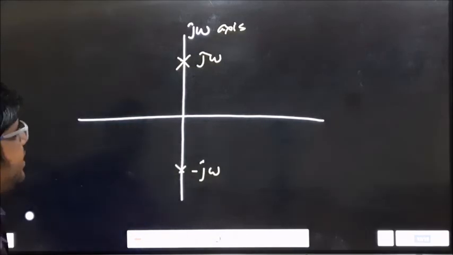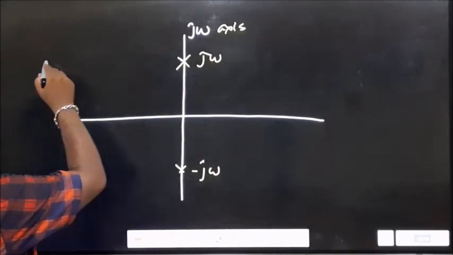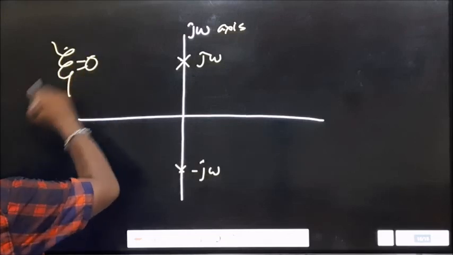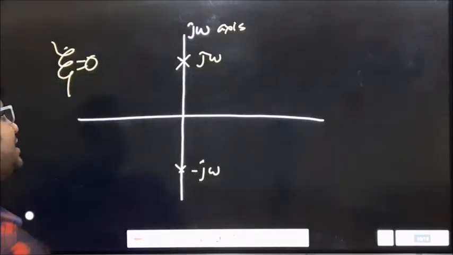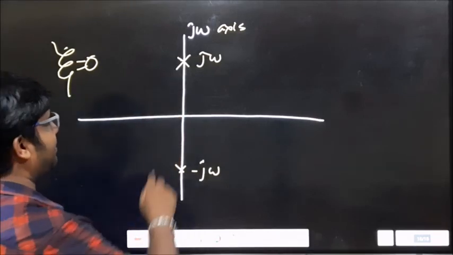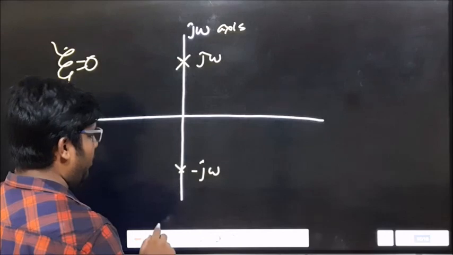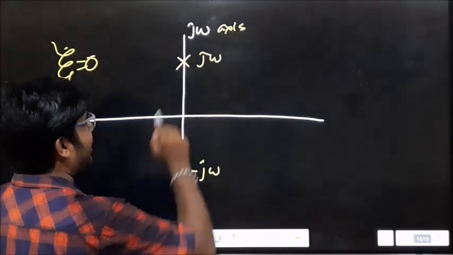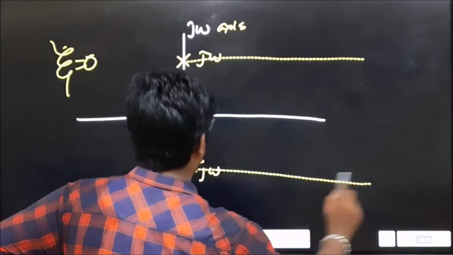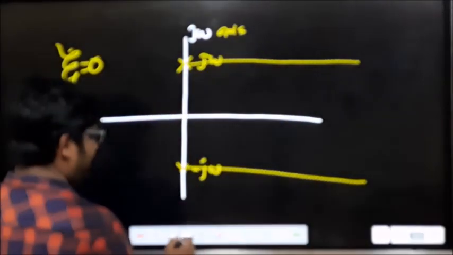If you make your zeta 0, you will see both the poles lying over the imaginary axis. That means whenever your poles are lying over the imaginary axis, if you see these two as the boundary, then you can make a line.